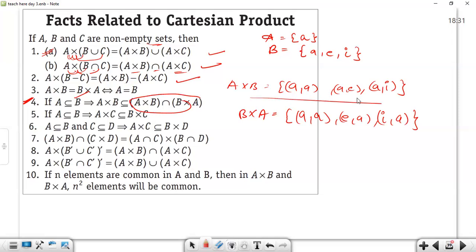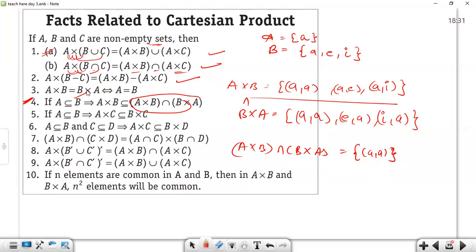So now the intersection of both these two is what? Please tell me. What is the intersection of these two sets? These are three elements. (A, A). Yes. This single element is the element of this particular set.